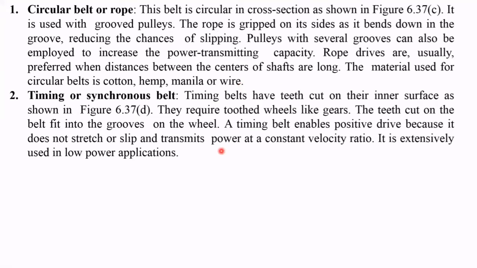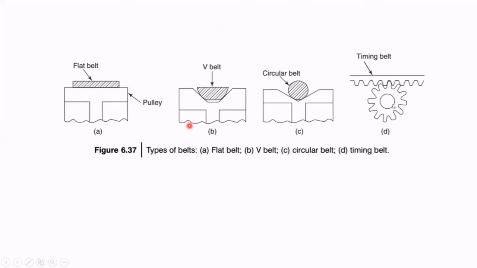And the last one is timing belts. Here, to avoid slip, we use a belt in the shape of teeth, meaning the belt is manufactured with teeth. The teeth are arranged to match the teeth on the wheel.